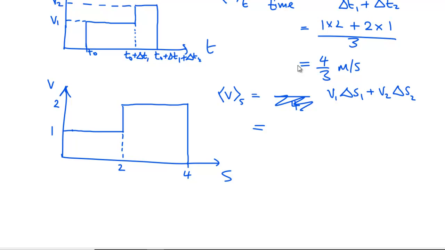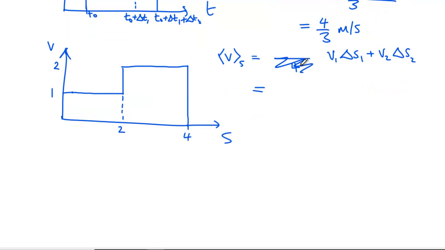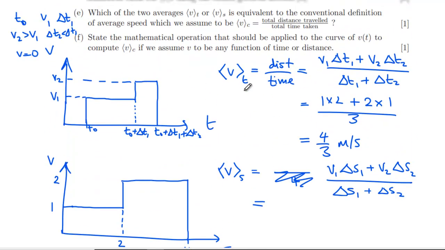Okay, and then we've got to divide it by the total distance, because it's weighted by distance, delta S1 plus delta S2. So actually that's going to look exactly like what we wrote down on the first one. All we've done is change over T's to S's.